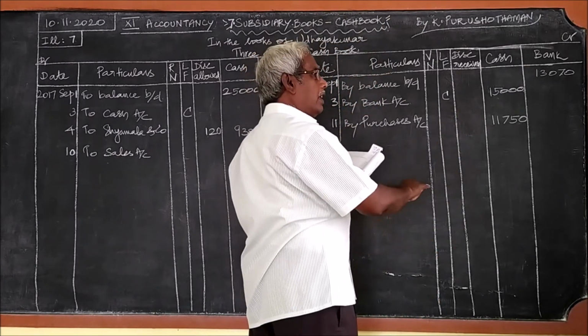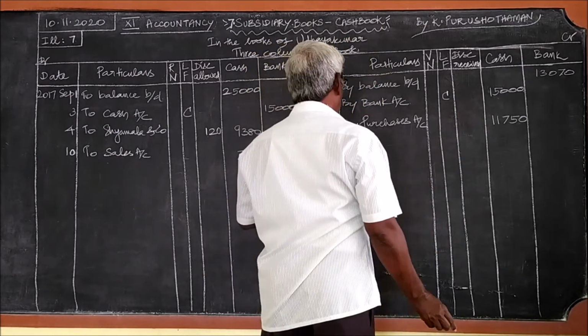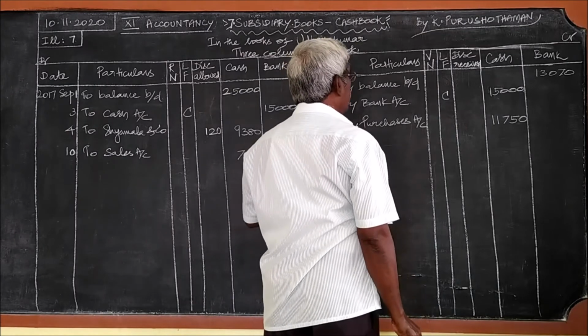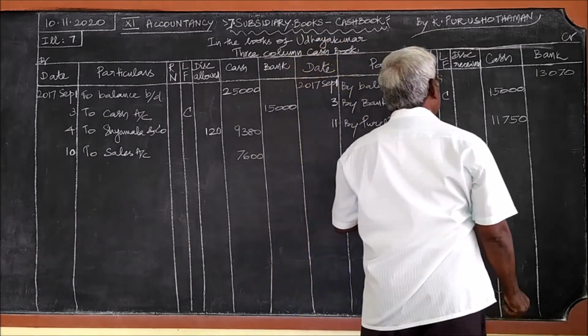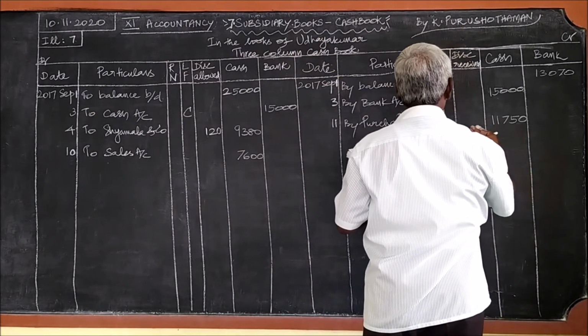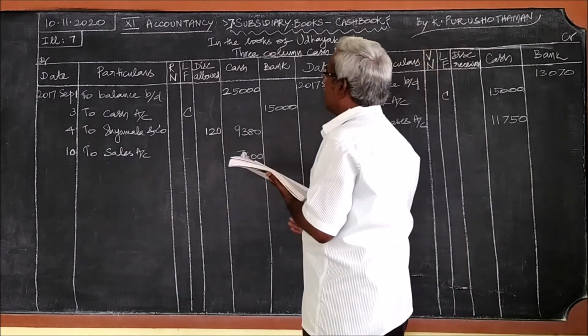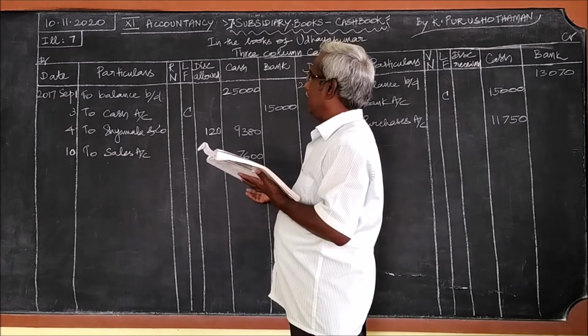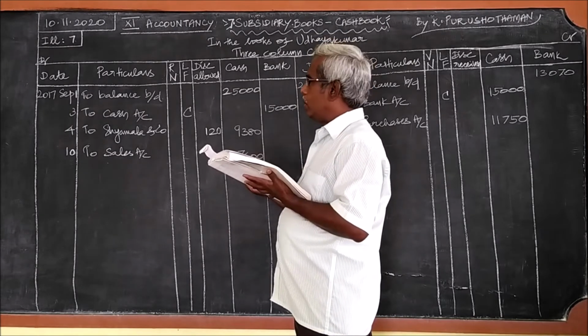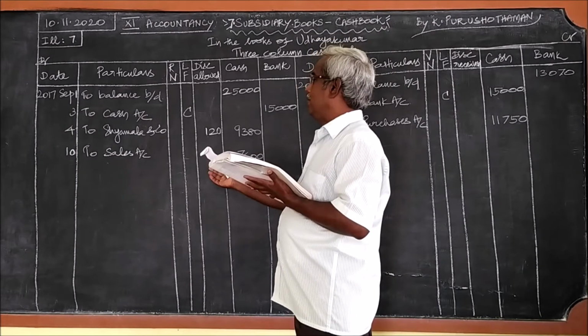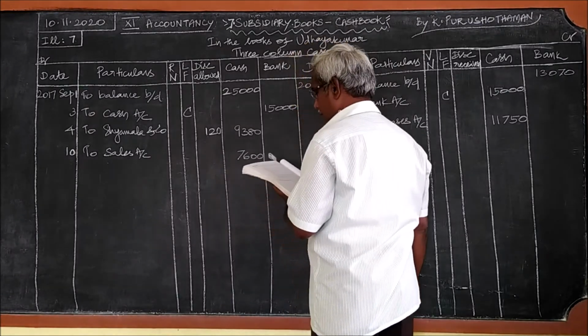But to avoid all those confusions, when you pass entries on the credit side, you should write the discount also on the credit side. When you pass entry on the debit side, you write the discount along with it on the debit side itself. That is easy for you.